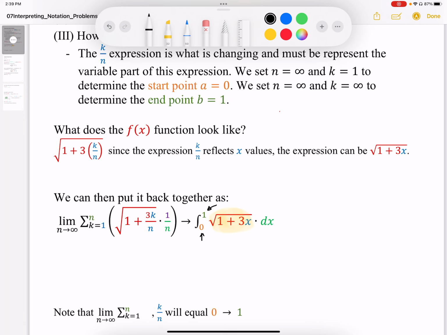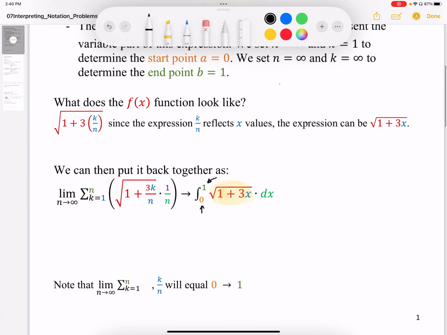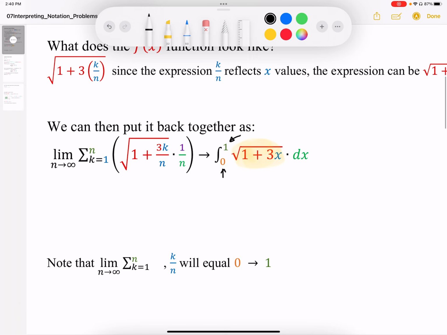So there is how we convert that sigma notation into integral notation. From k equals 1 to infinity, we're just going to go from 0 to 1. Now we'll show how we can change that up in the next example.